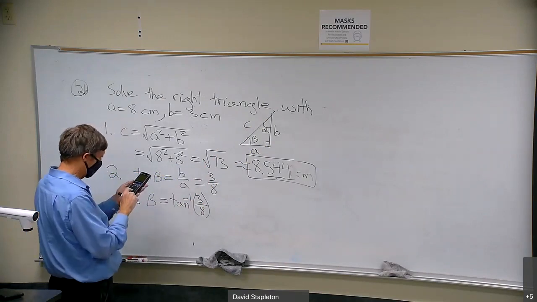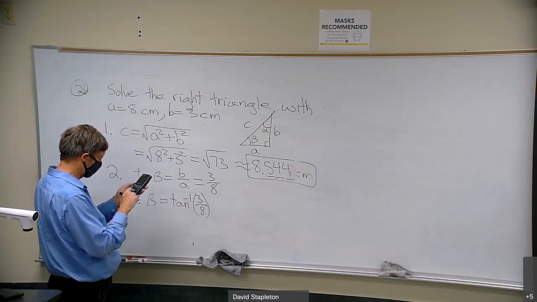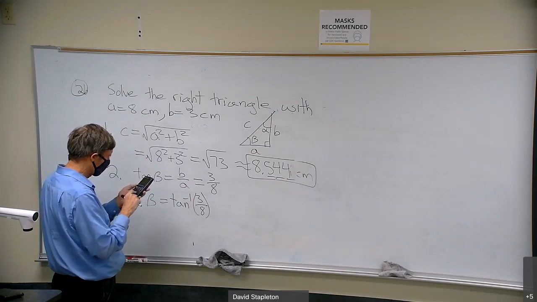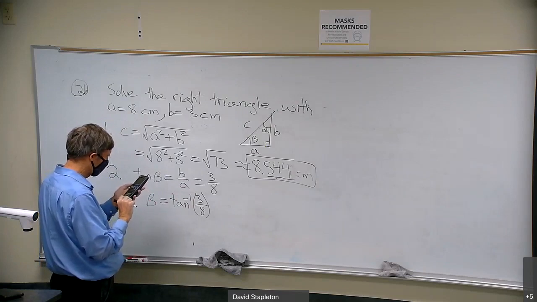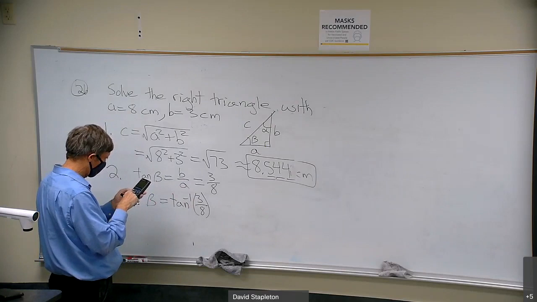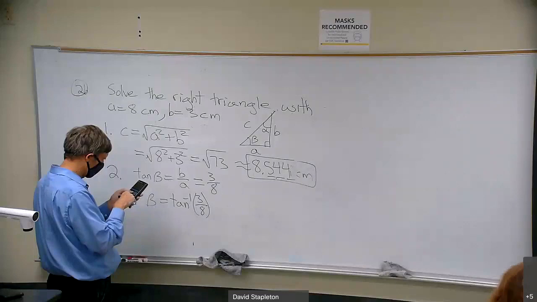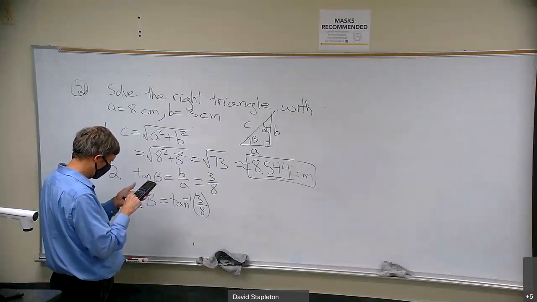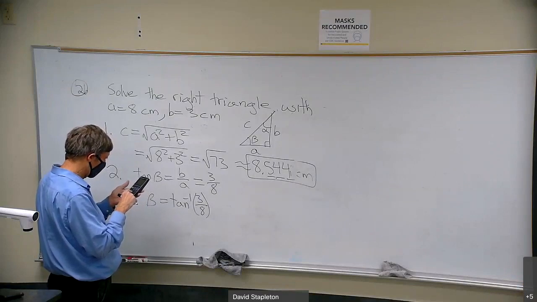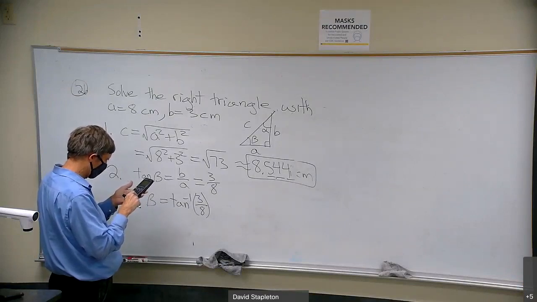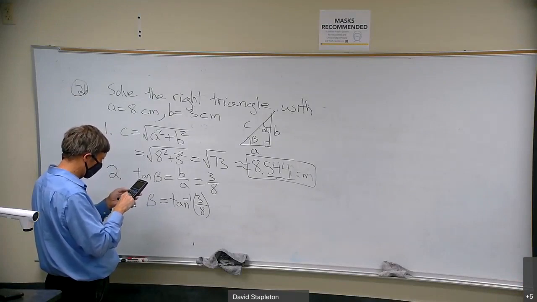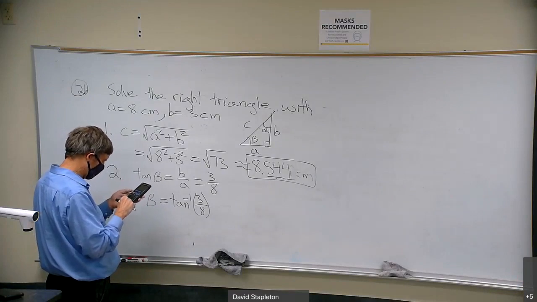That's it. Arctangent, make sure it's in degrees mode. I probably need to change this. That's in radians. Change this now. Yep. Let's try inverse tangent of 3/8.